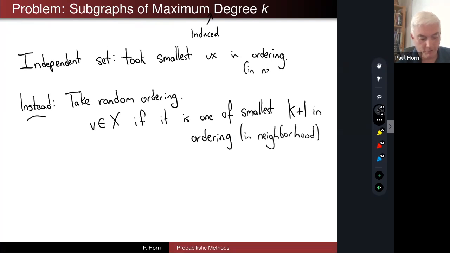Again, in the neighborhood. Well, sorry, I don't even mean maximum degree. Actually, I can't bound maximum degree this way.